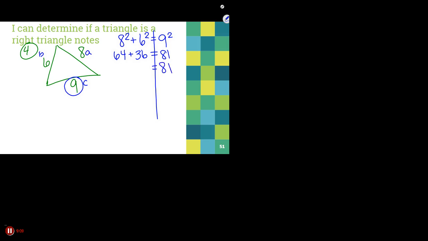If I add 64 and 36, I get 100. Does 100 equal 81? Of course not. It's bigger than 81. So no, the side lengths 6, 8, 9 would not form a triangle that has that 90-degree box in it. So no, it is not a right triangle. And you do have to write that out.